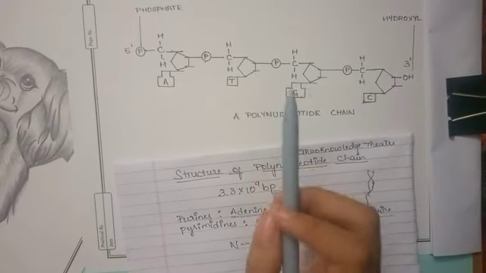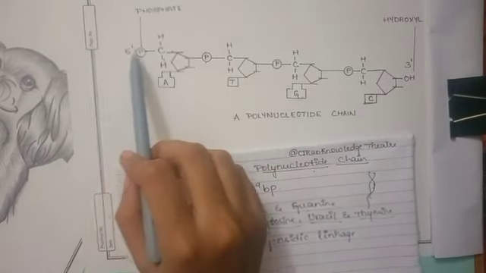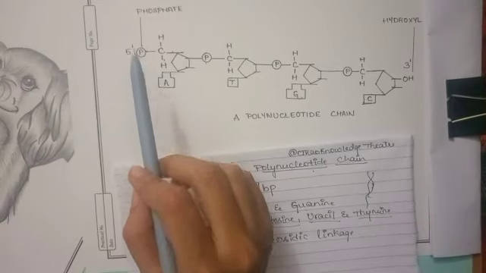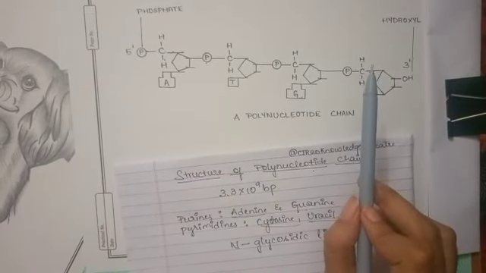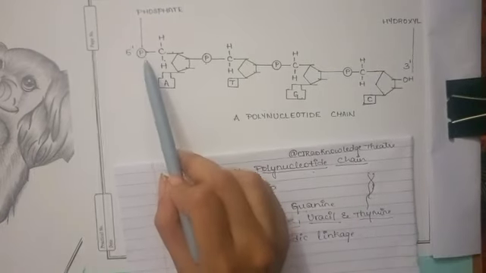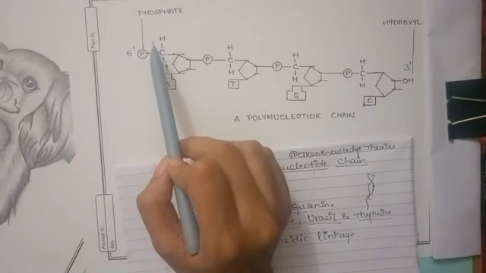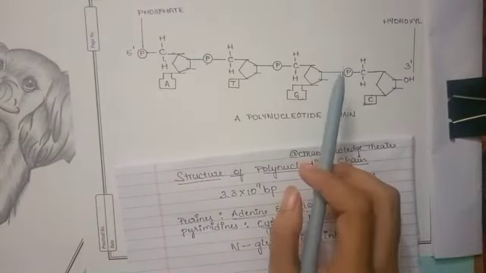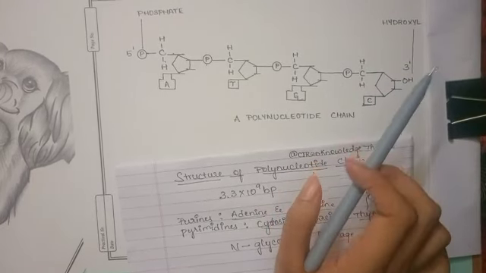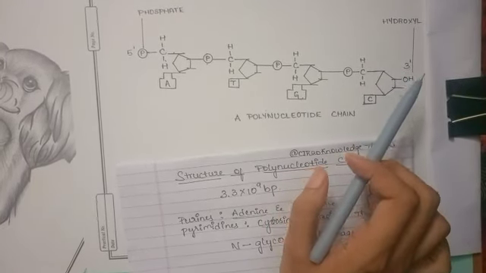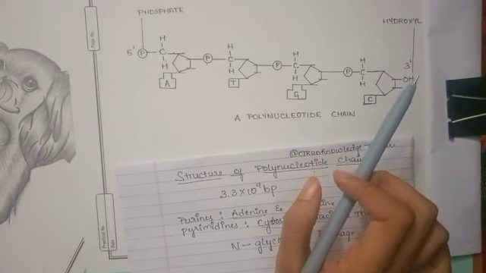A polymer thus formed has one end with a free phosphate moiety at the 5' end of the sugar, which is referred to as the 5' end of the polynucleotide chain. Similarly, at the other end of the polymer, the sugar has a free 3'-OH group, which is referred to as the 3' end of the polynucleotide chain.